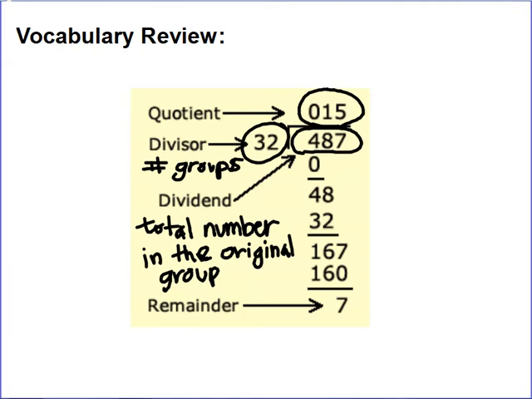It is the answer, but that's not what we want to say. Not how many we have left. We now have 32 groups of, so 15 is the number in each new group.